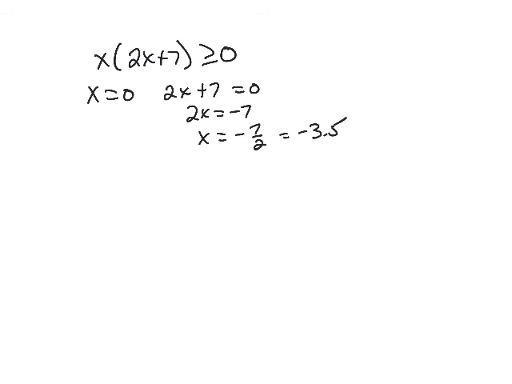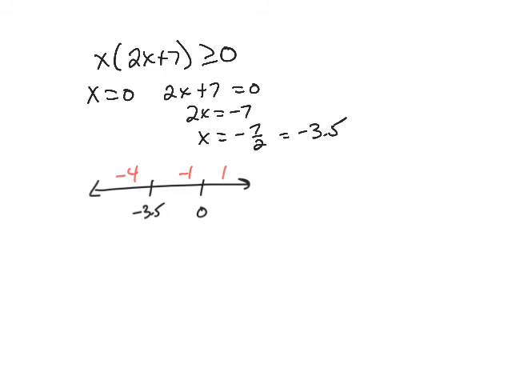So now I want my values greater than 0, so the product has to be positive when you're done. I'll set up my number line. I've got negative 3.5 and 0. I'm going to pick some test points here: -4, -1, and 1, and I'm just looking for positivity or negativity.